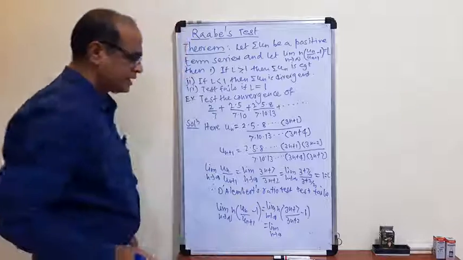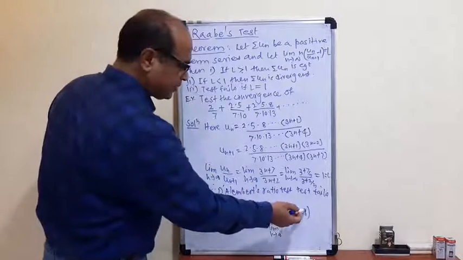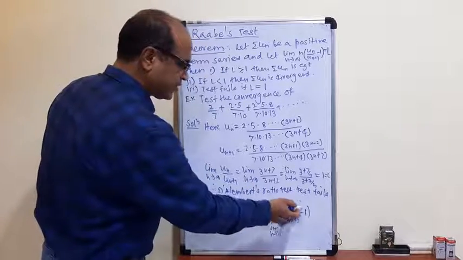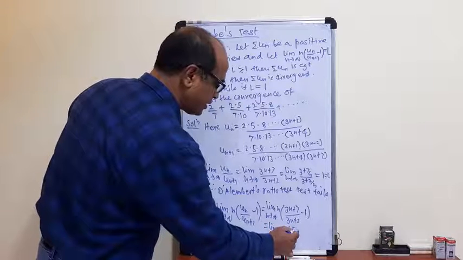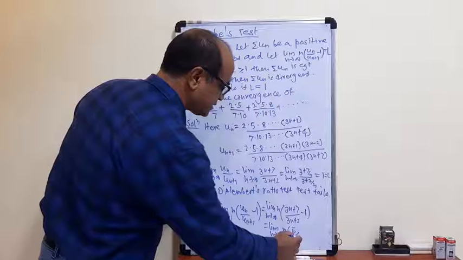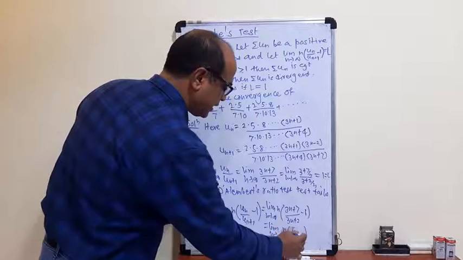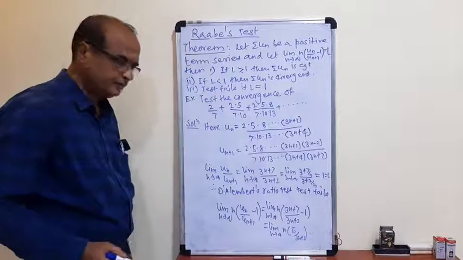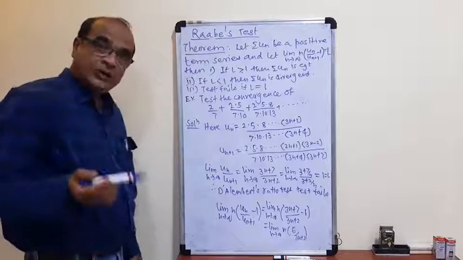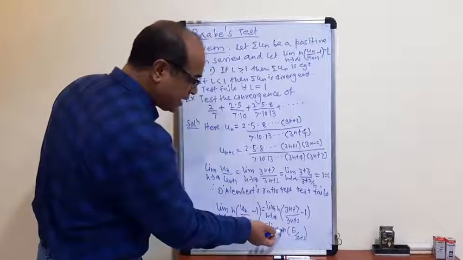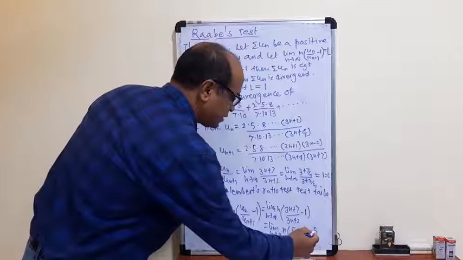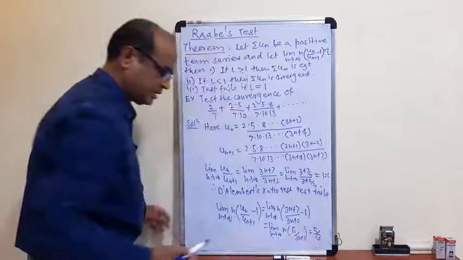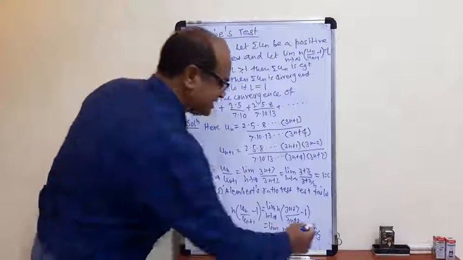Taking LCM 3n plus 2, 3n gets cancelled, 7 minus 2 is 5, so n into bracket 5 upon 3n plus 2. Again, dividing the numerator by n and denominator by n, the limit will be 5 by 3. So this is L.